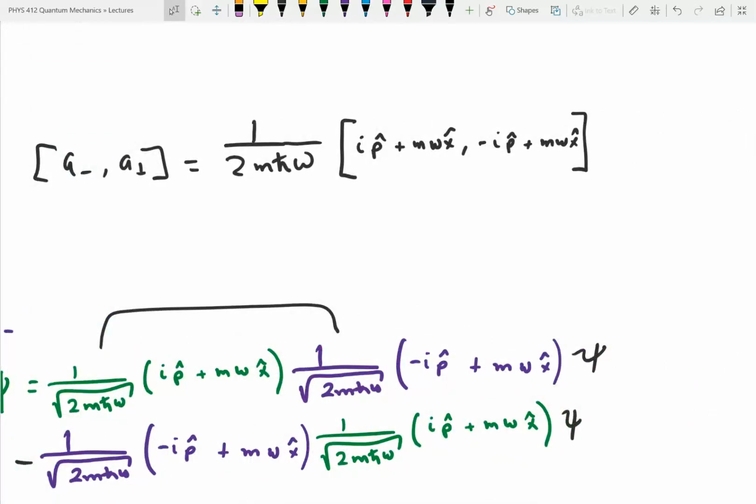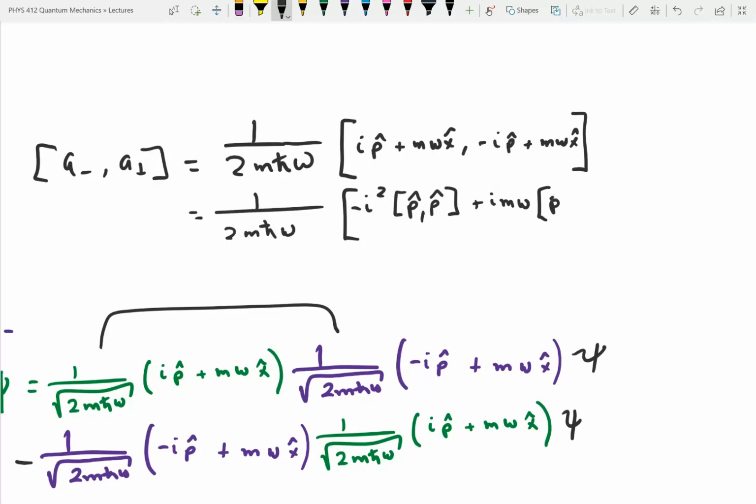So I can write it like this, and then that gives me so there's my first one, the p hat with the p hat. And then I'll have so that's this one and this one.